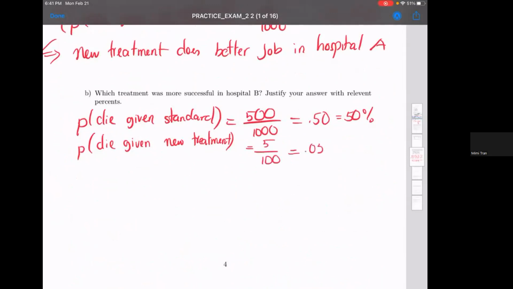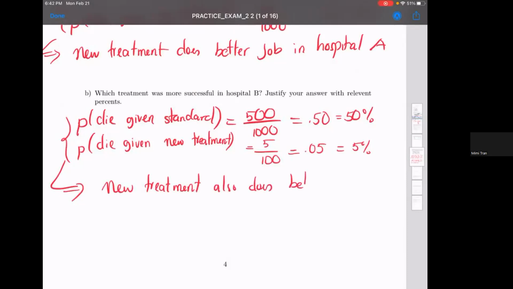So 0.05, which is 5%. So again, fewer people die, right? So the new treatment also does a better job compared to the standard in hospital B. Okay, so hospital A and hospital B, that's your subgroup, right?